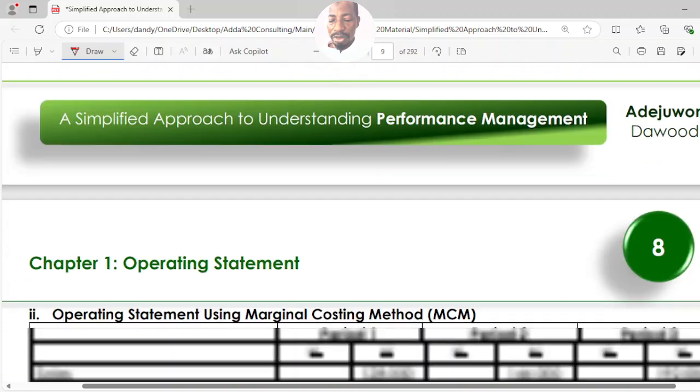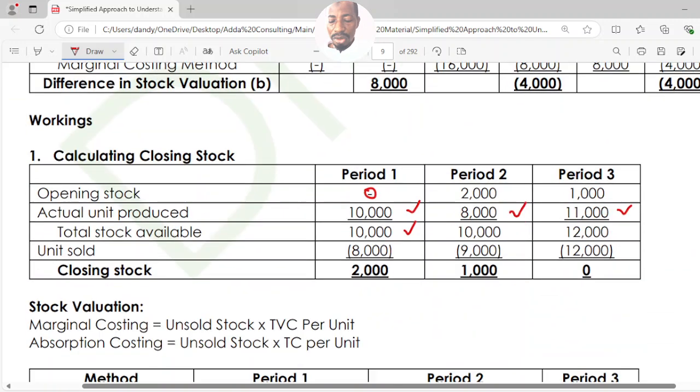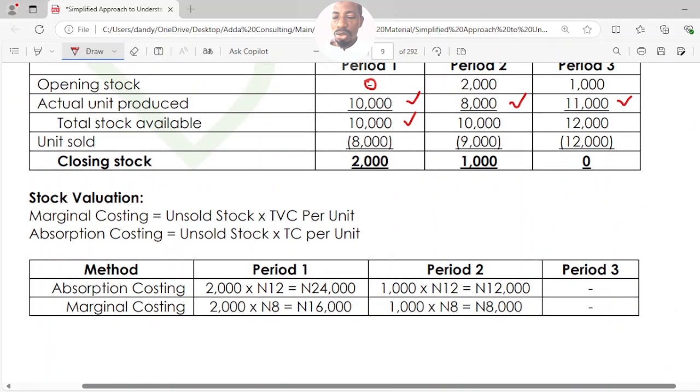So let's go and post that. Units sold is 8,000, 9,000, as well as 12,000. Therefore, 10,000 minus 8,000 will give me 2,000 units unsold. So in the first period, the closing stock in units is 2,000.